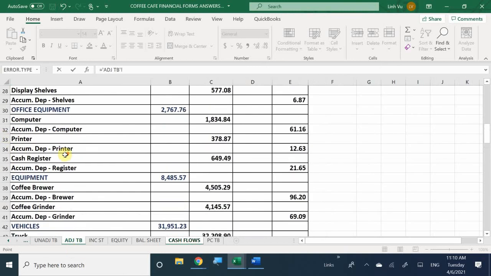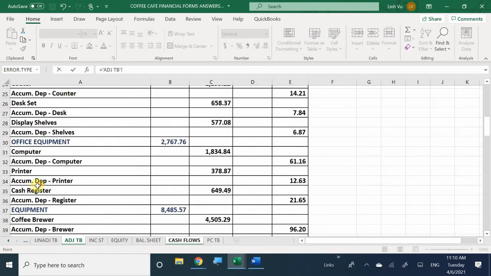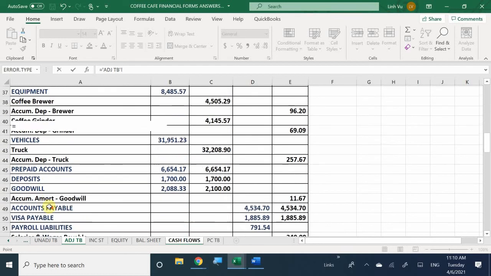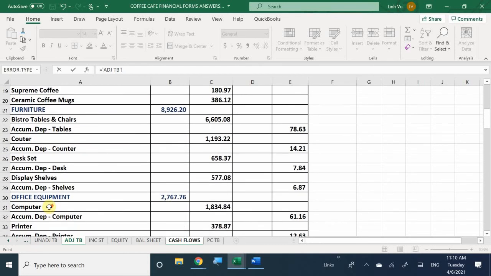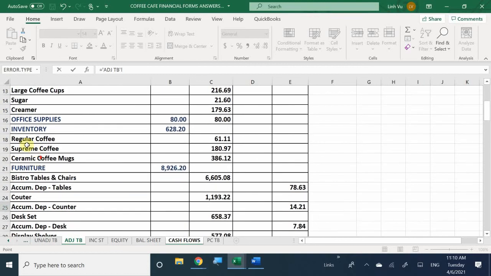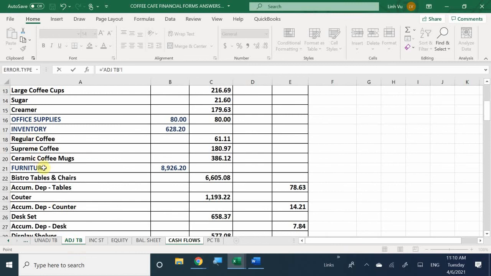I've purchased in my fixed assets. The first thing I have here, I believe, is that I purchased furniture. We also purchased office equipment.